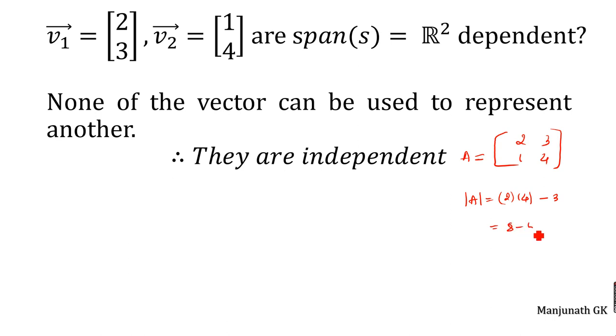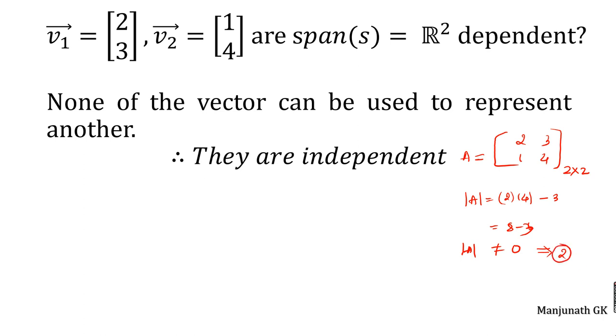It is 8 minus 3. It is not equal to 0. So the determinant is not equal to 0, which gives the result that the rank of the matrix is its order. The order of the matrix is 2 cross 2, so the rank of the matrix is 2.